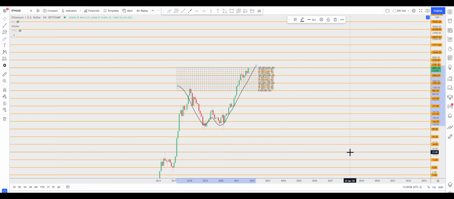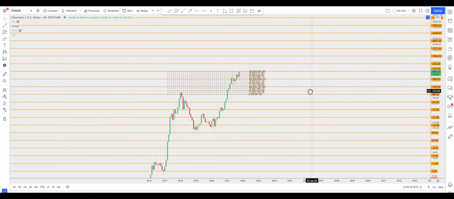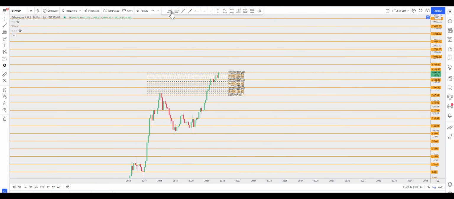Right? And then we have the targets gang calling for what? Oh, we are going down for a multi-year bear. Now imagine a multi-year bear, how it would be.